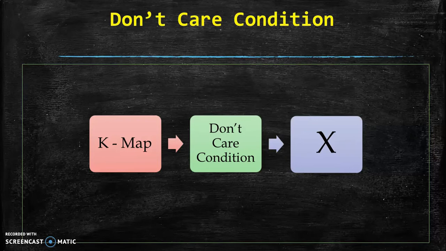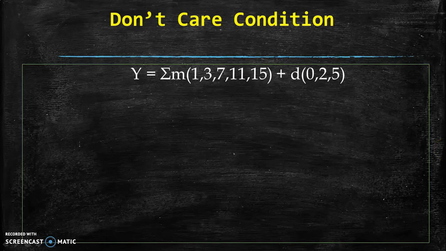We know that we represent minterms with ones. In all other cells we represent zeros, but a don't care condition we represent in K-map with a cross sign. In a Boolean function, suppose we have given Y equals summation m of minterms 1, 3, 7, 11, 15 plus d of 0 to 5.